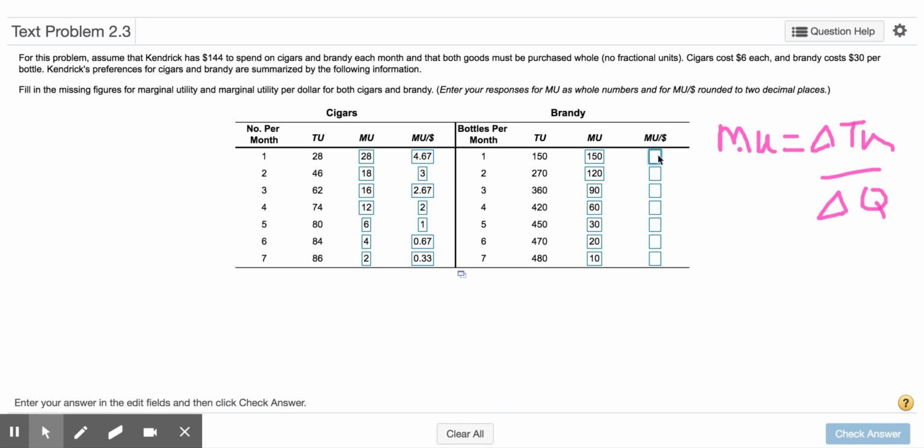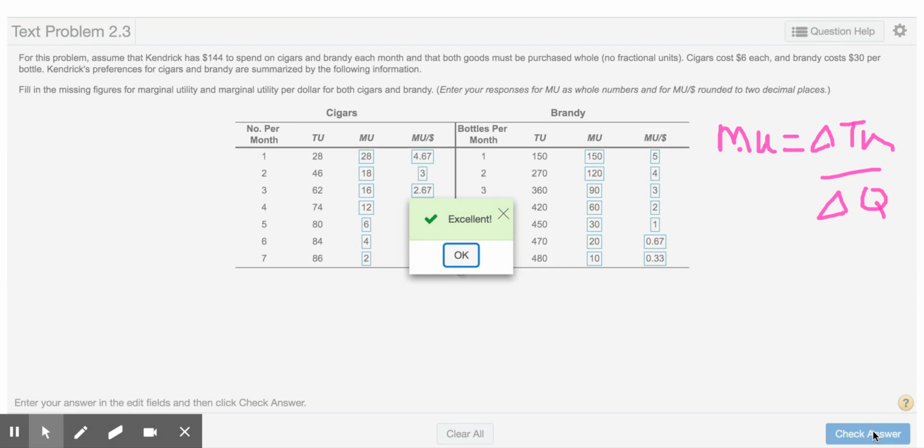Marginal utility per dollar is 5, 4, 3, 2, 1, 0.67, 0.33. Your answer. Here we go.